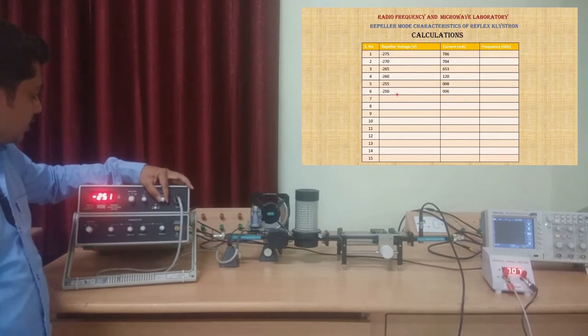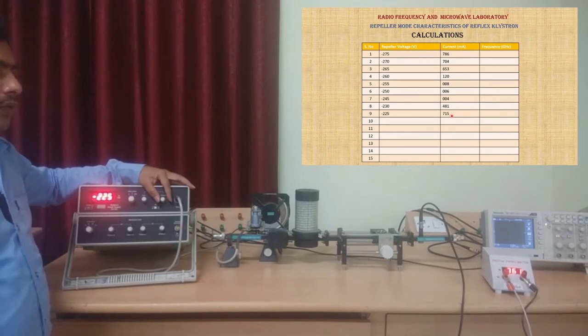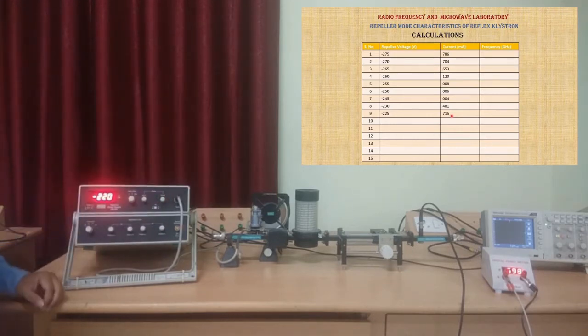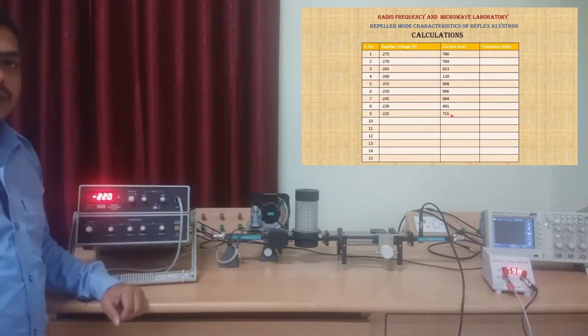When it is 250, current is approximately equal to 0, and when it is 245, current is 0. When it comes to 220, it is 715. In this manner, we are going to take readouts of ripple voltage against current.